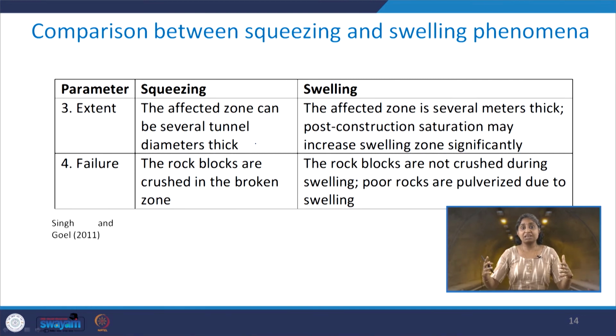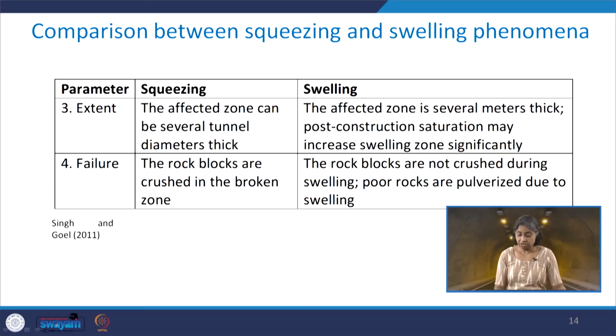So, it can be several tunnel diameters thick, the extent can be that high. But in case of the swelling type of ground condition, the affected zone is several meters thick. In this case, post construction saturation may increase the swelling zone significantly.